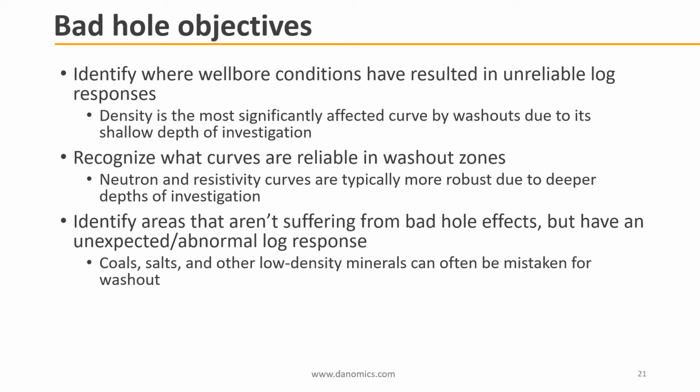So for example, if you're looking at the density curve and you see a zone where the caliper doesn't respond, but maybe you have a density of like 1.8, 1.9, that could just be telling you that you have a coal layer there, or maybe a salt layer. So, make sure to take care not to mistake low density minerals for washout. Otherwise, you may be removing some geology, removing some real data from your analysis.